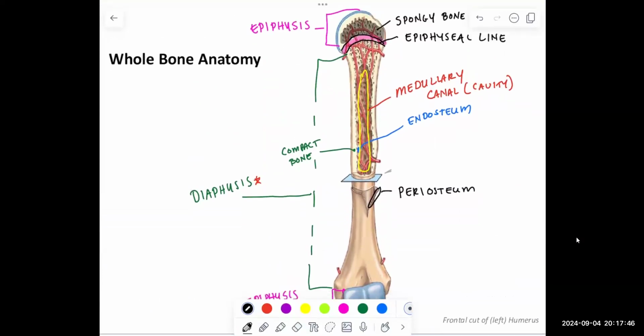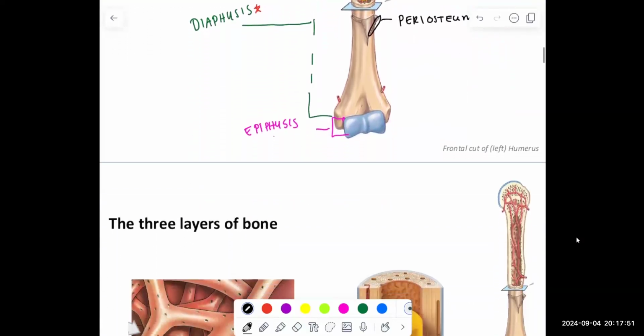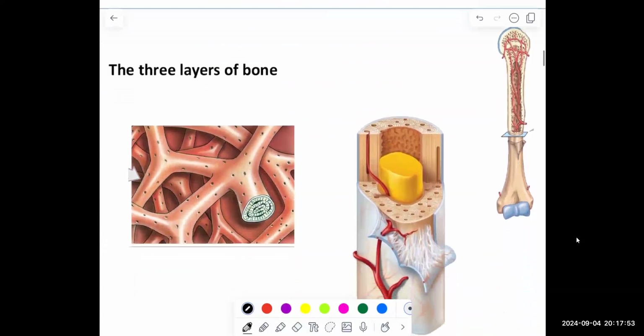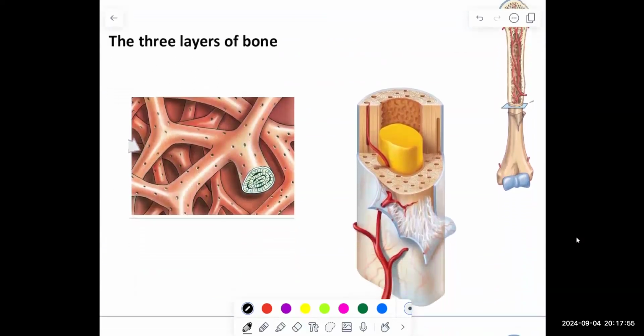All right, so there are the regions of the whole bone. Please recall the three layers. What is the outer layer of the bone called? This white stuff that's getting pulled back. Starts with a P. Periosteum. What is the more solid inner part? What are you going to call that? Compact bone.